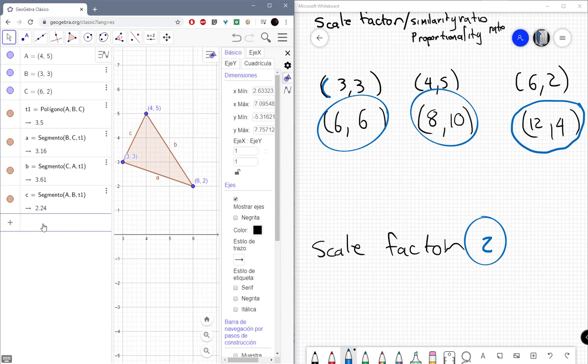So I am going to write all of the coordinates here. 6, 6. The other one is 8, 10. And the other one is 12, 4.